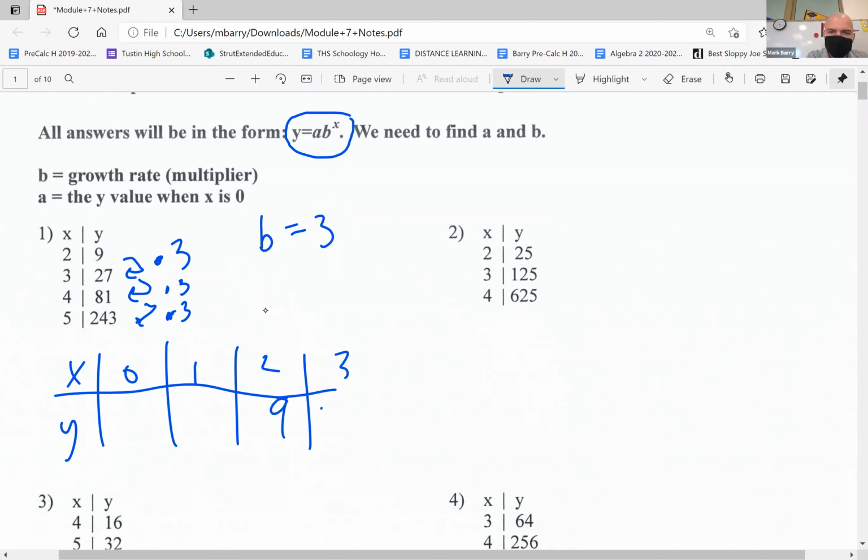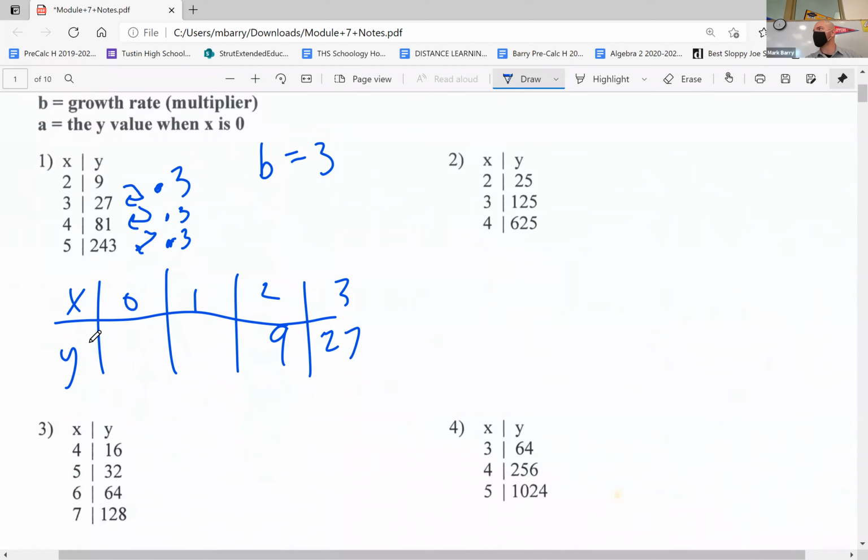Now we know that when x is 2, y is 9, correct? And we know that when x is 3, y is 27. That was given to us on the table, right? And so what I need to kind of think about is, well, what would these numbers in the front here be, okay? So if I go backwards here, well, we said it was multiplying by 3 going forwards, correct? So it kind of makes sense to me that if I go backwards, it's actually dividing by 3.